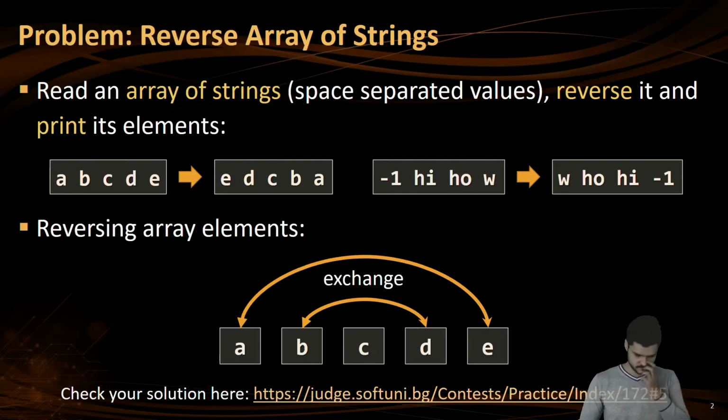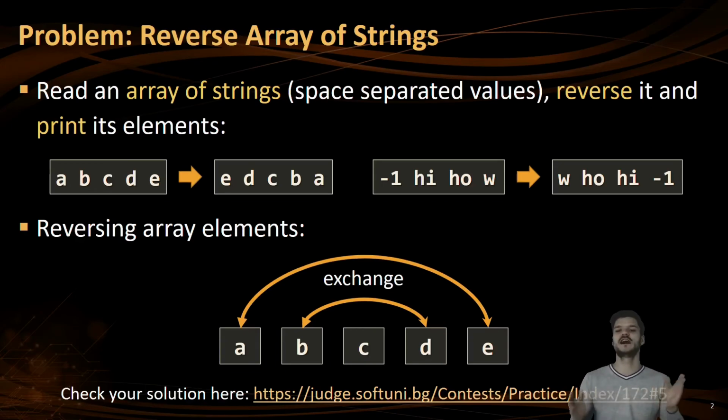Because here we have A, B, C, D, E. If the length is not divisible by 2, this value, when we divide by 2, will result in a rounded number.